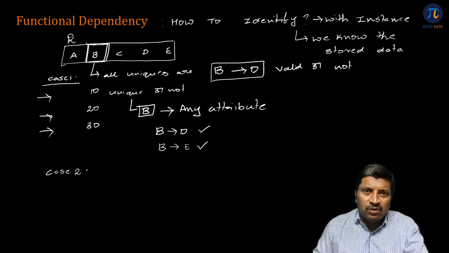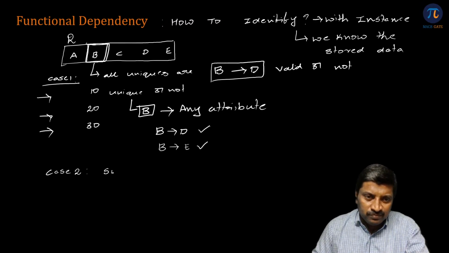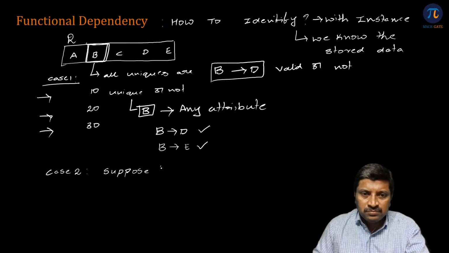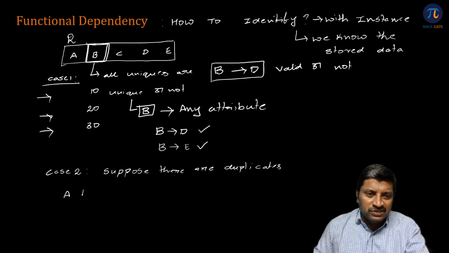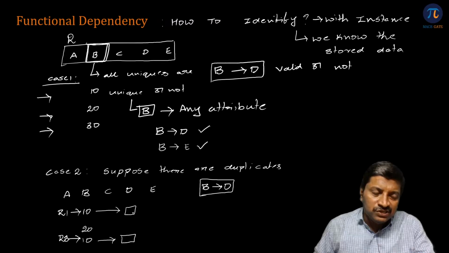Suppose I have case 2. What is the case? Suppose there are duplicates. For example, let us consider the same table A, B, C, D. I need to verify whether D is having the same value.